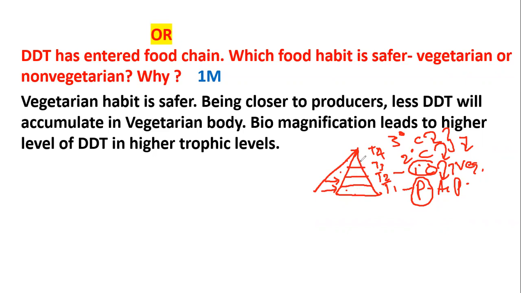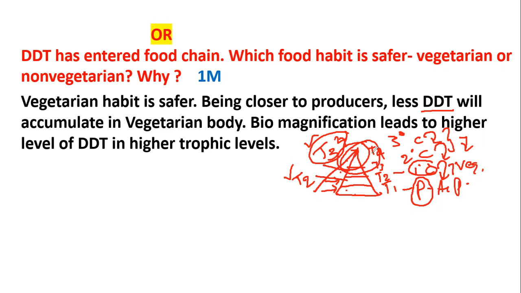That's why if you compare vegetarians and non-vegetarians, meaning trophic level 2 with trophic levels 3 and 4, the accumulation will be more in the non-vegetarians. So if DDT, one of the insecticides, enters the food chain, the top trophic levels will get the higher percentage. That's why the vegetarian habit is safer than the non-vegetarian.